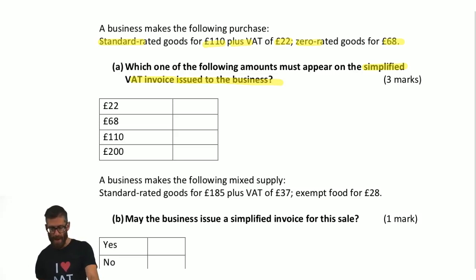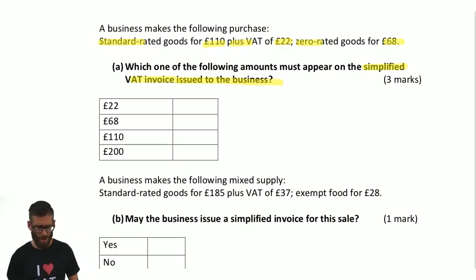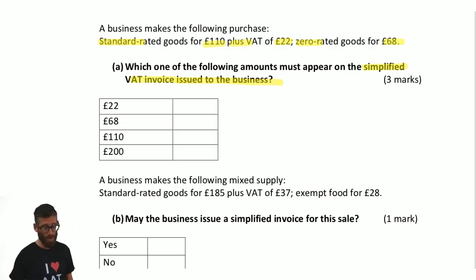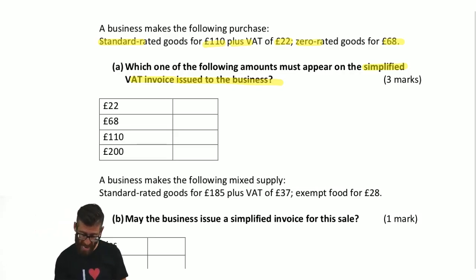Well, is it £22? So would we ever have an invoice just for the VAT? Doesn't sound quite right. Would we ever have an invoice for just our 0 rated goods? Or would we ever have an invoice for just the standard rated goods? Or would we have an invoice that consolidates all of those numbers?